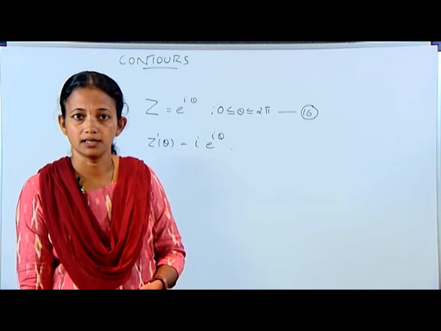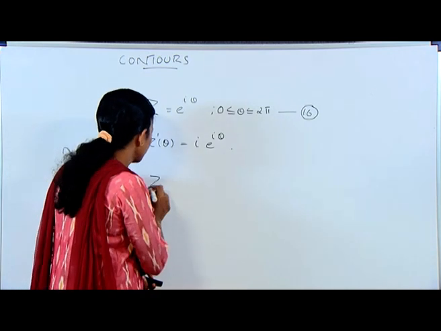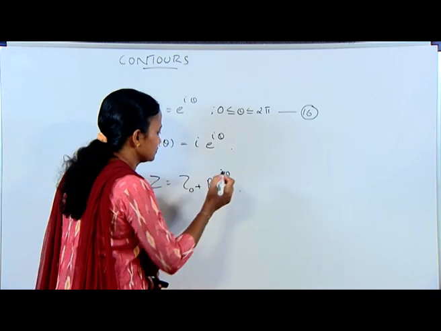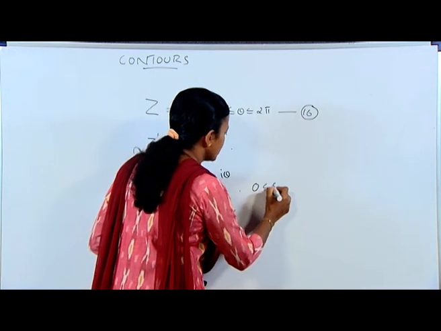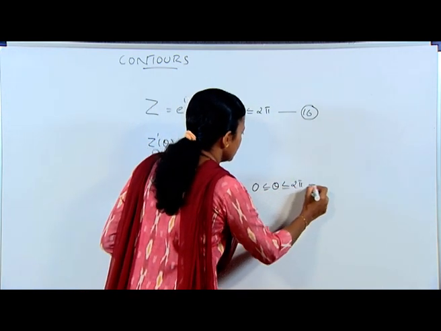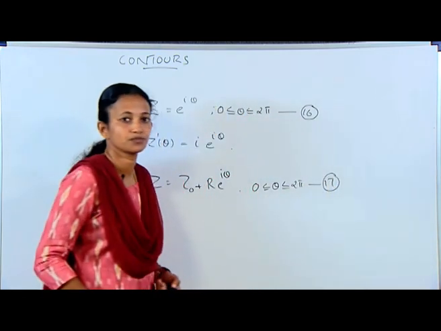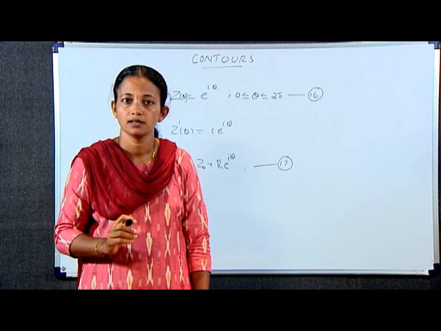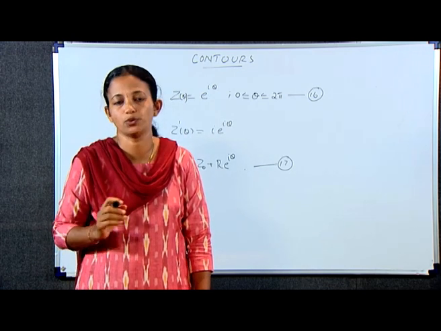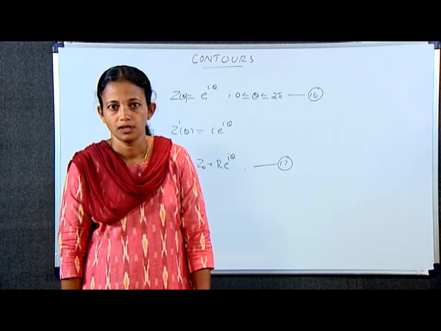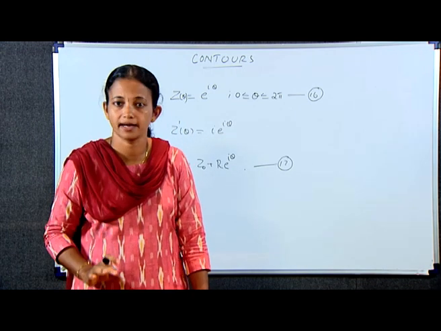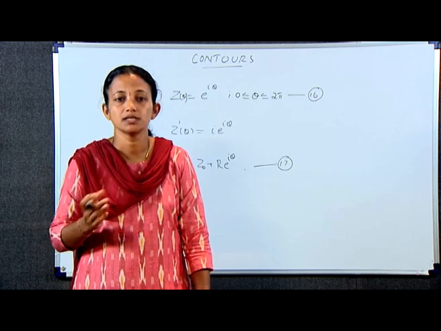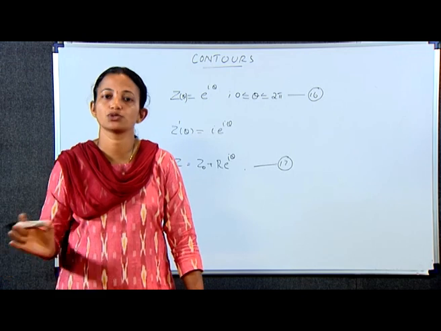Similarly, the circle z is equal to z naught plus r e raised to i theta, 0 less than or equal to theta less than or equal to 2 pi, equation number 17, is centered at the point z naught with radius r. It is again a simple closed contour. Next, the boundary of a triangle or a rectangle taken in a specific direction is also a simple closed contour.